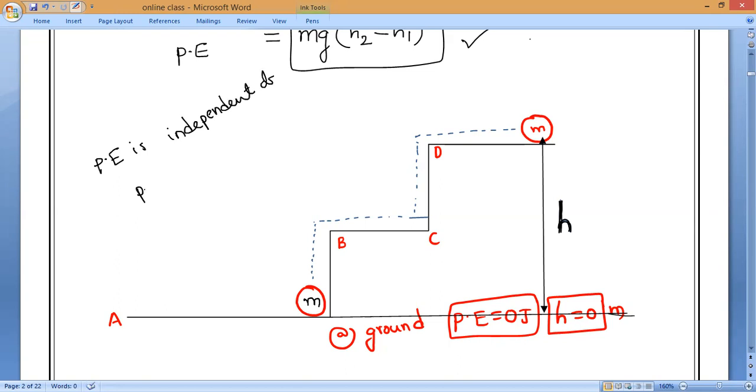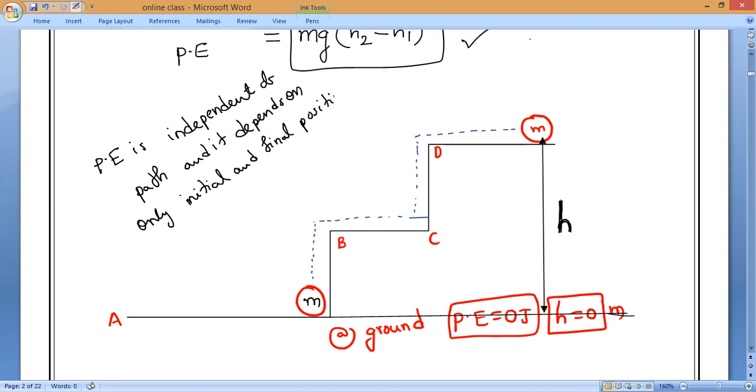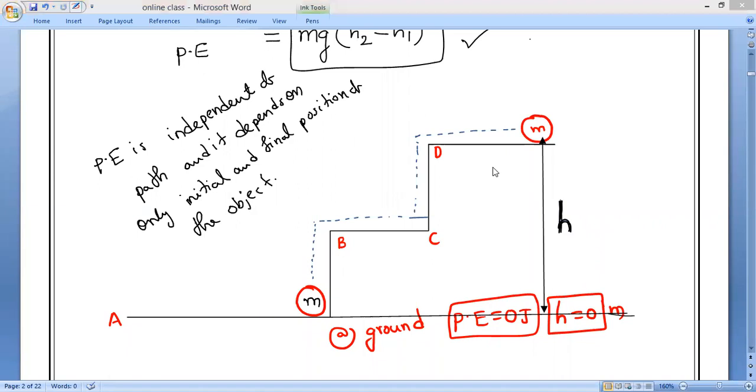Independent of path, and it depends on what? Mr. Akilan? It depends only on what? Everybody. Initial and final position of the object. That is what you have to remember. Is it okay, everybody? Clear? Akilan?